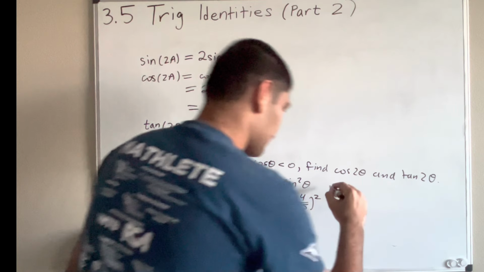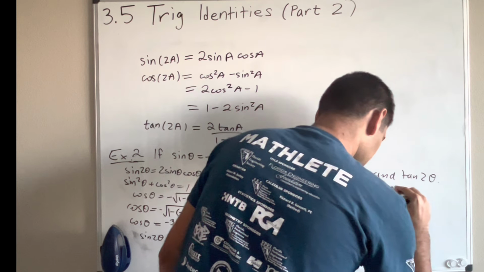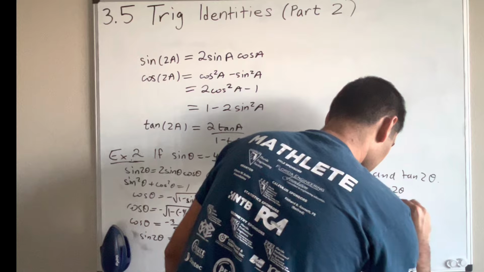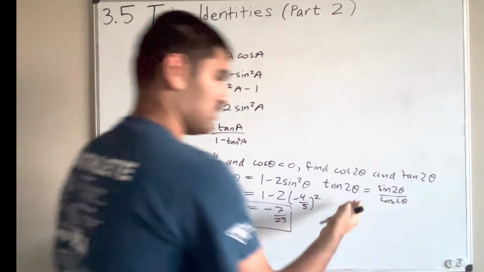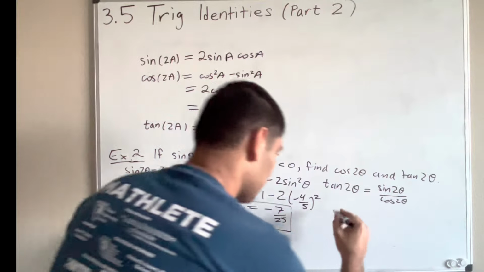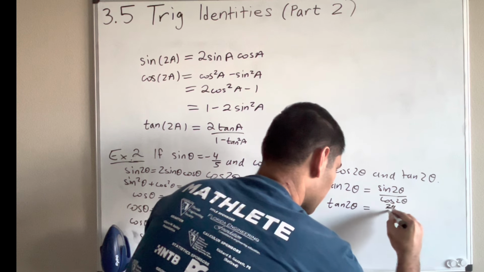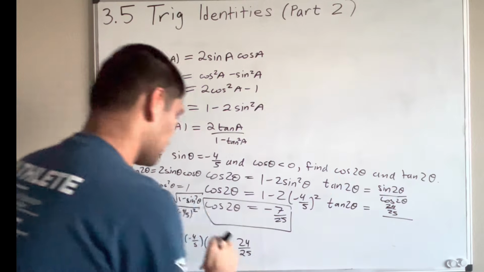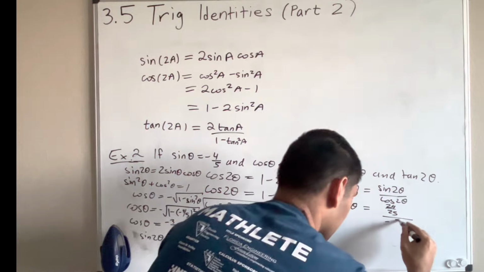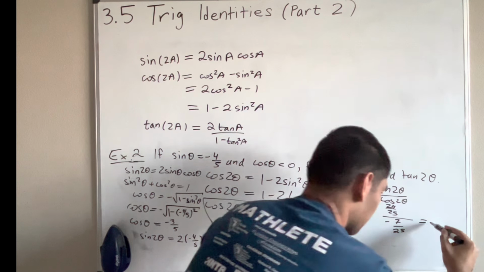And so then we know that tangent of 2 theta is equal to sine 2 theta over cosine 2 theta. Sine of 2 theta we found is 24/25. So we get 24/25 over cosine of 2 theta, which is negative 7/25. And then simplifying this, you get negative 24/7.